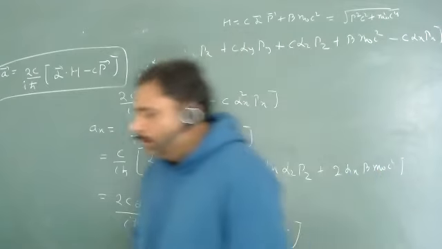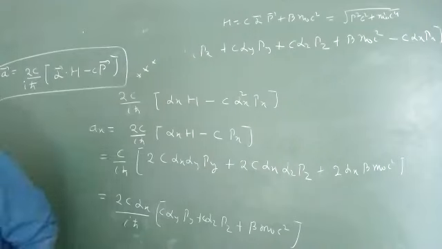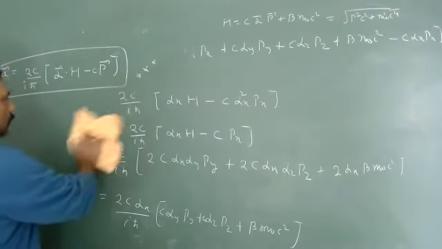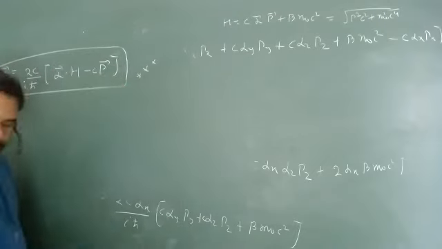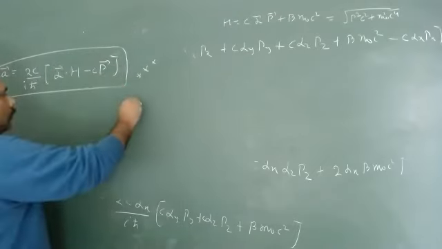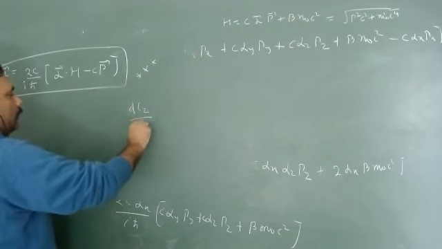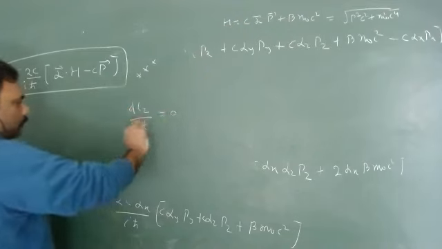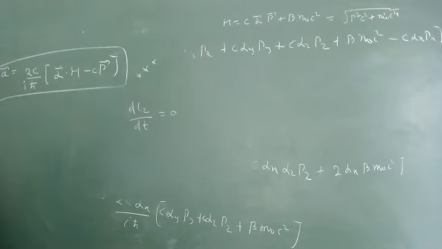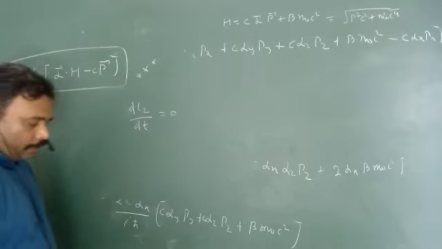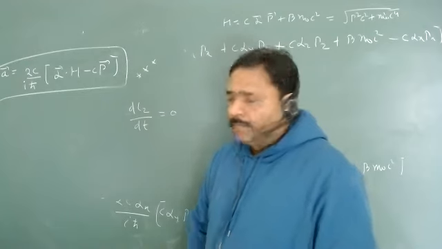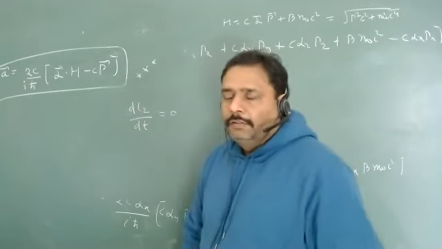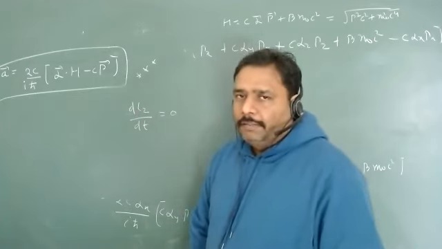So if the z component of angular momentum is conserved, that means if you calculate del Lz upon dt, that must be 0 in central potential. But if you go for the Dirac Hamiltonian, then you will see this is not going to be conserved.